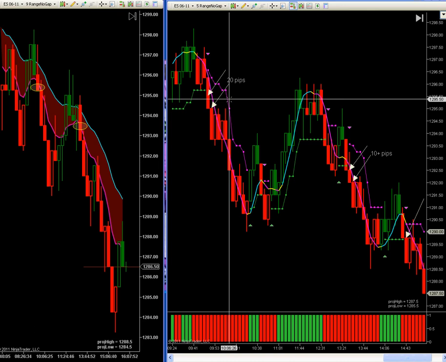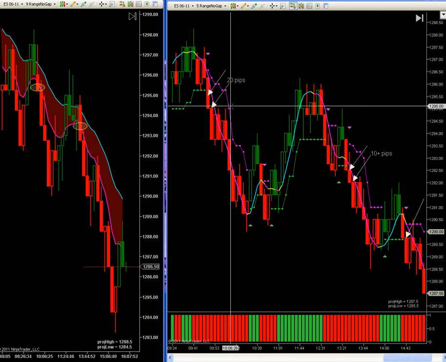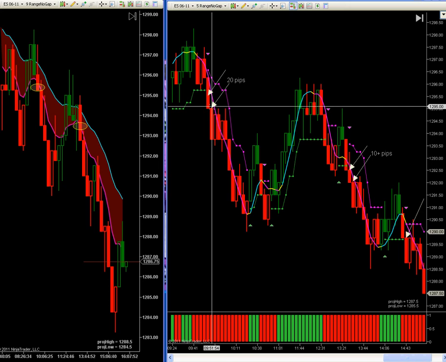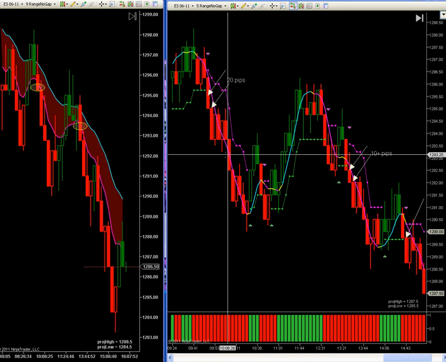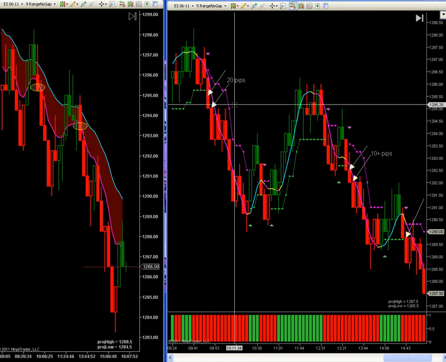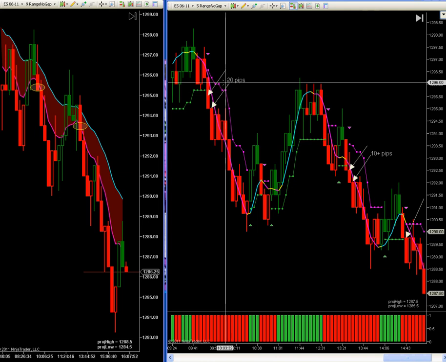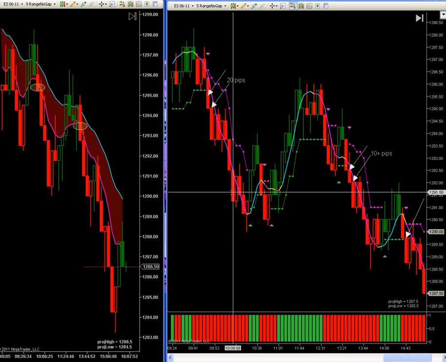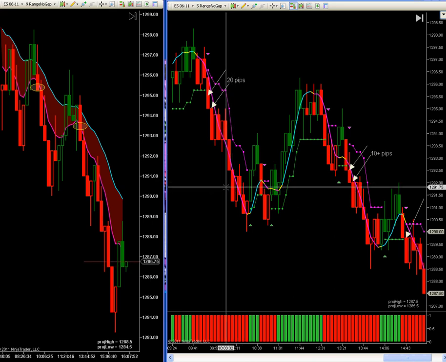For short, we put the stop loss 1 pip above the small trading dot. So as soon as this trade starts working in our favor, upon completion of the candle, we adjust our stop loss.